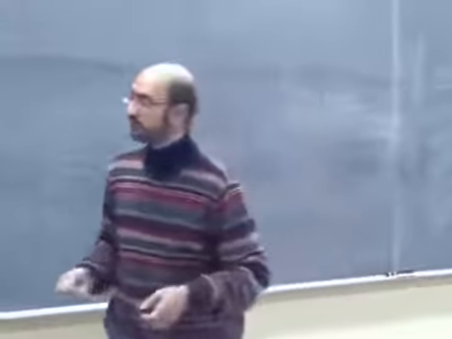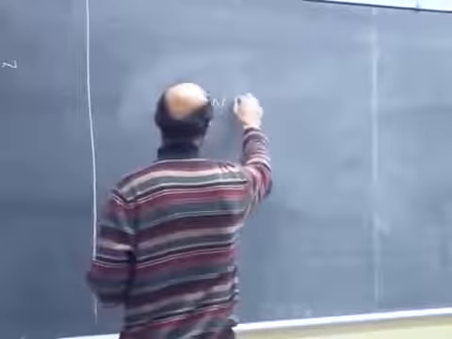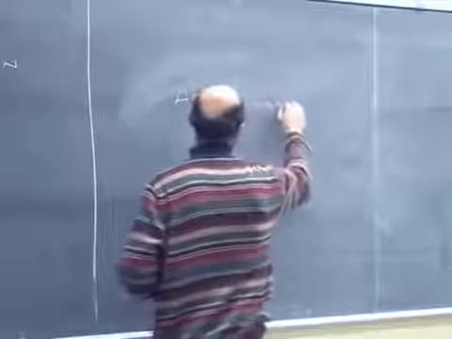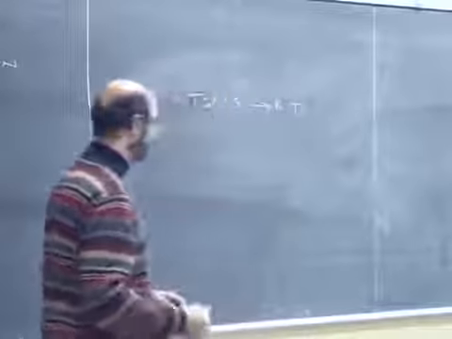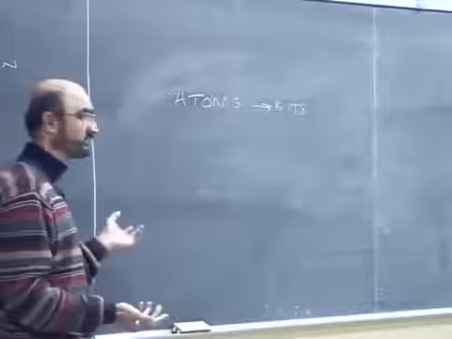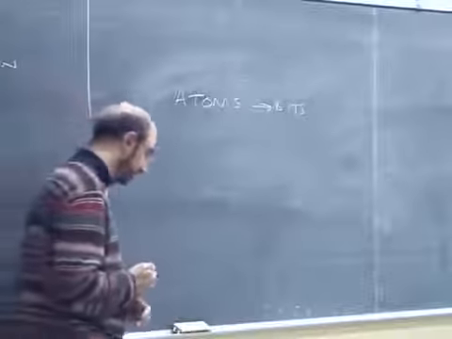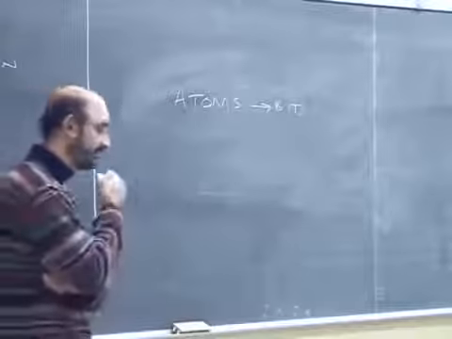To understand this, there's a progression called atoms to bits. Atoms to bits basically says that any information that is represented in atoms is going to be put into bits. This is a statement from about 15 years ago, actually, by Nicholas Negroponte from MIT.